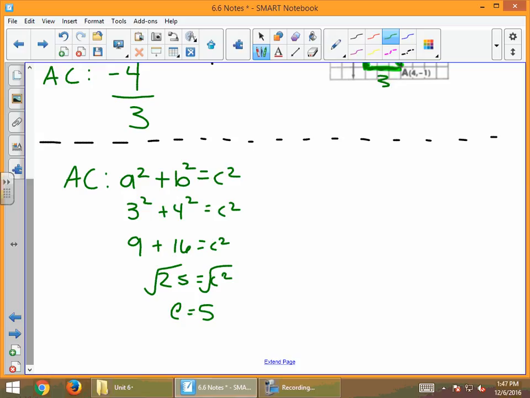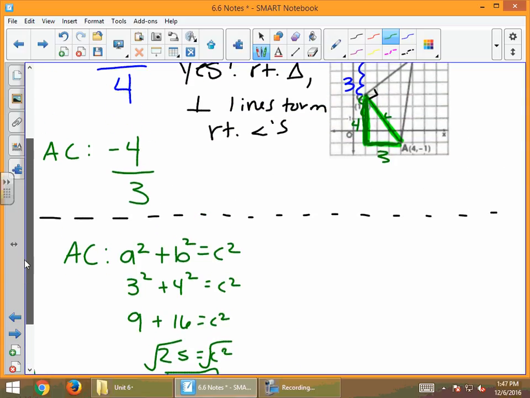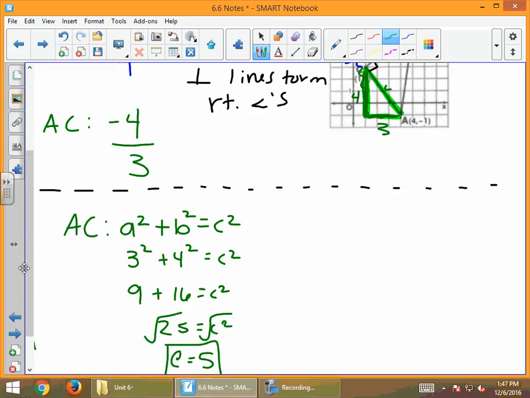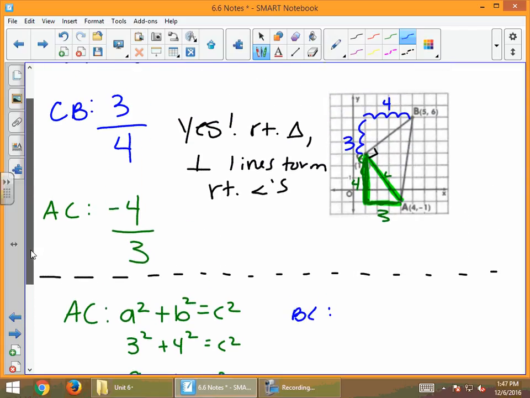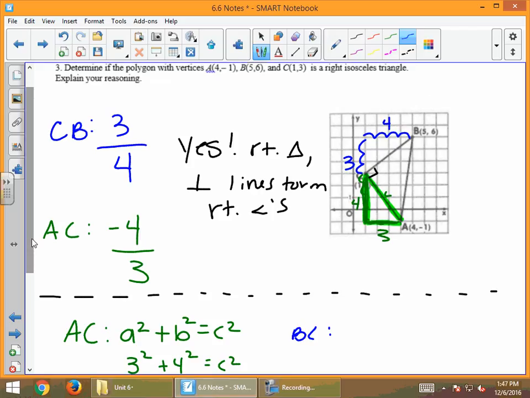Alright, let's find the distance of BC. Yep, you are correct, because you notice we have this triangle.